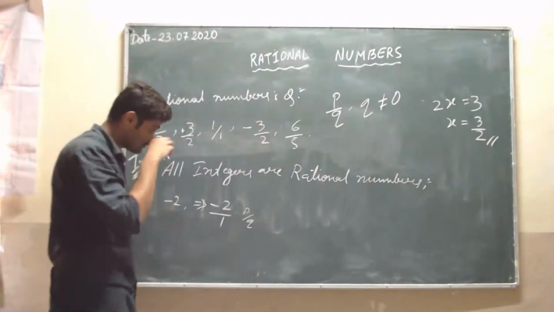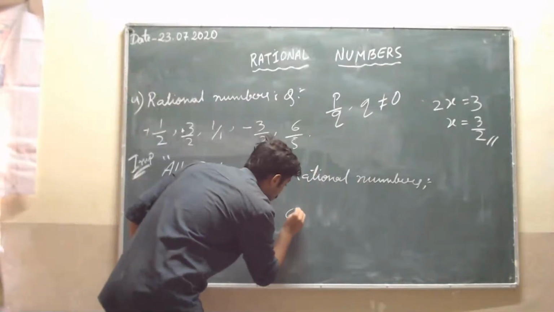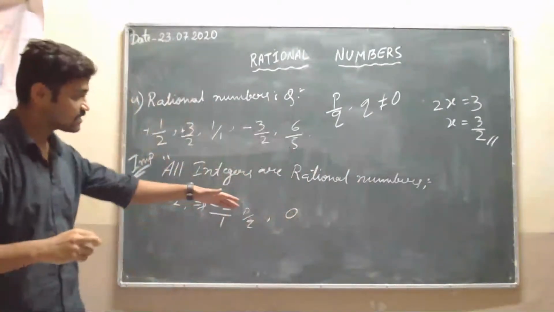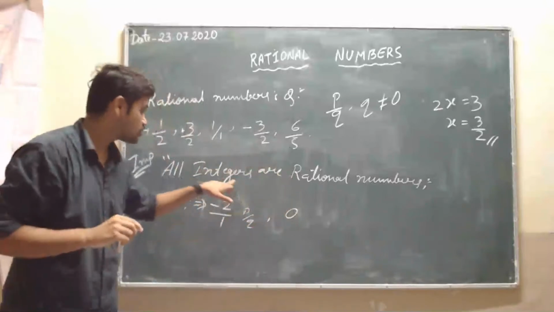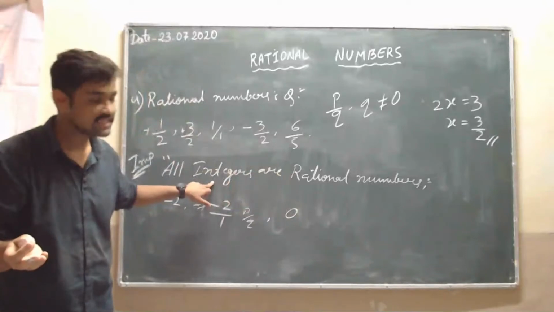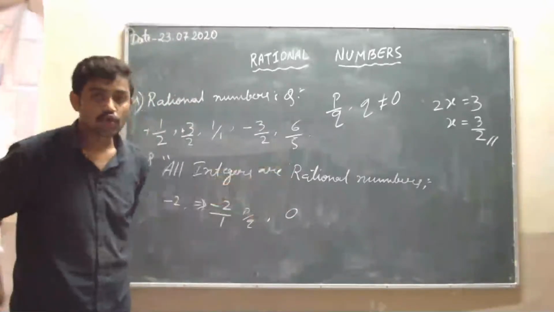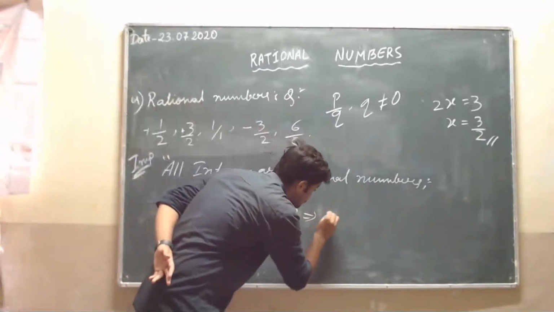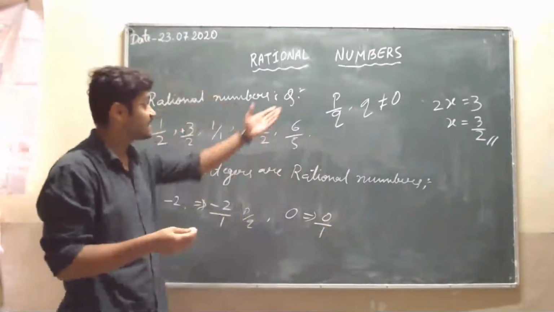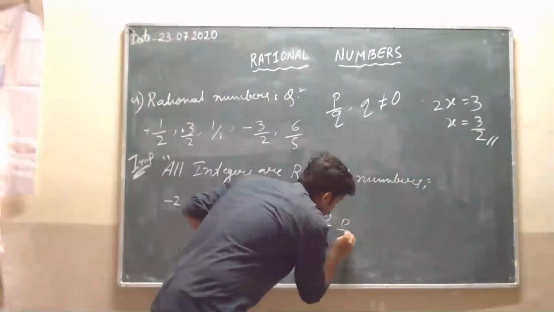Okay, let's take another example, that is 0. Is 0 a rational number? We know 0 is an integer. Yes, sir, simply I will convert this one also: 0 by 1. That is the general form, p by q.